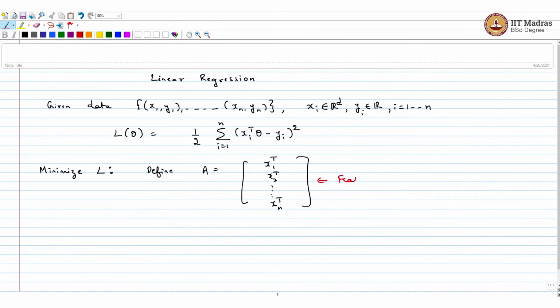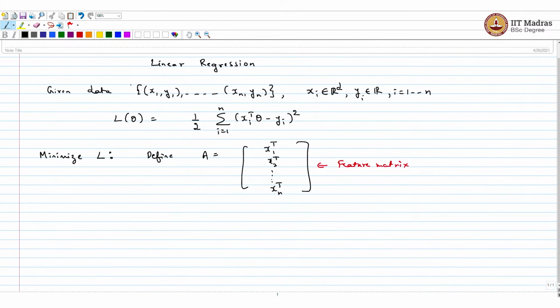Let's call this the feature matrix. Now, what is A theta? A theta equals x1 transpose theta until xn transpose theta.